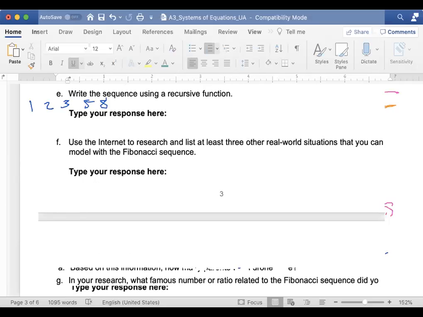So what would the pattern be? I'm thinking.